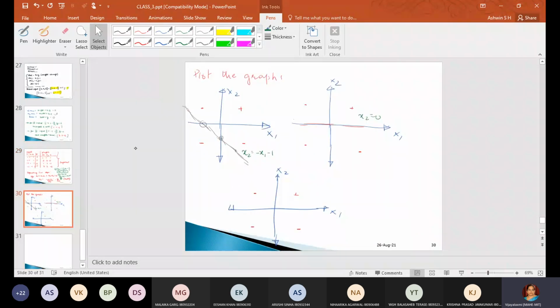Minus x1 plus 1 means somewhere here it will come, right? It will come somewhere here. Correct?